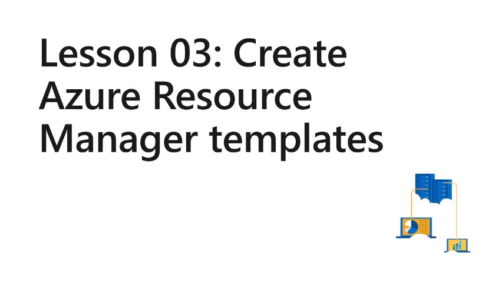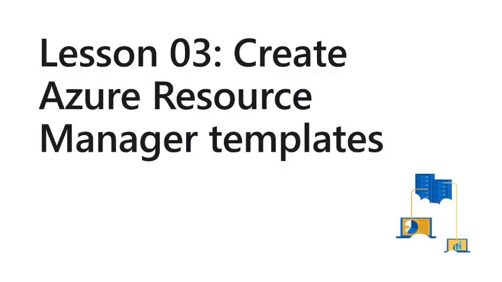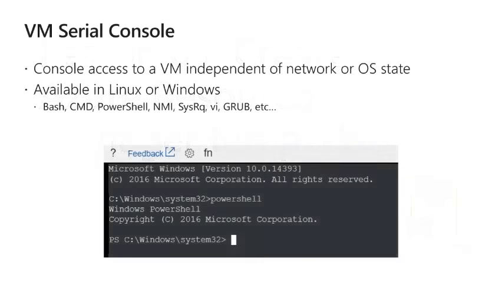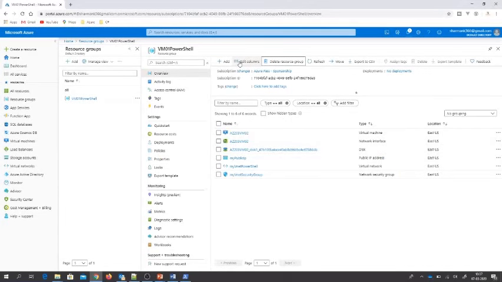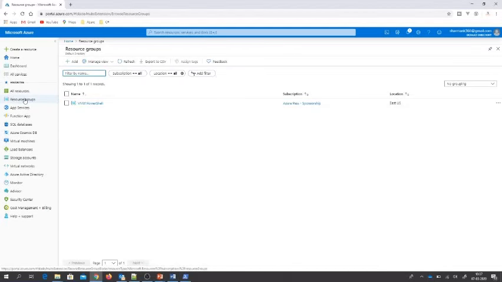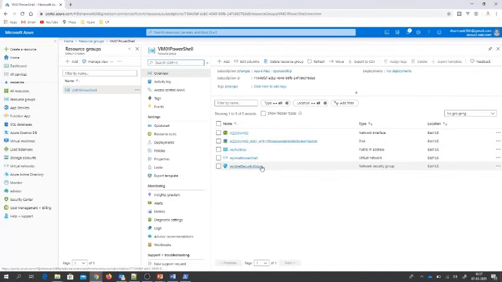Now, lesson 3, create Azure Resource Manager templates. But before that, let me just show you all these things we discussed for the virtual machine. I think I have just deleted all the resource groups. Yes, I have virtual machine PowerShell.